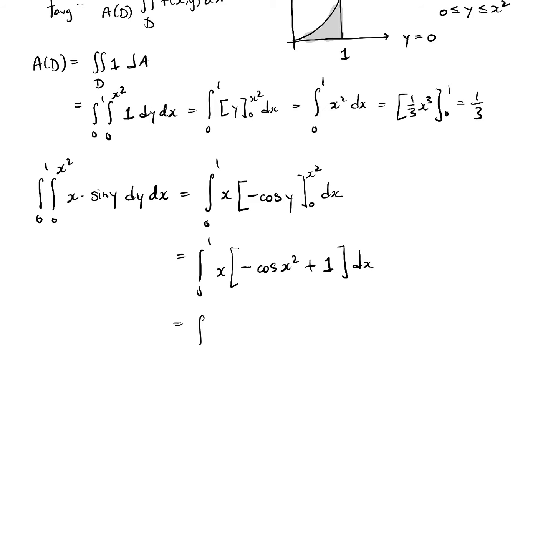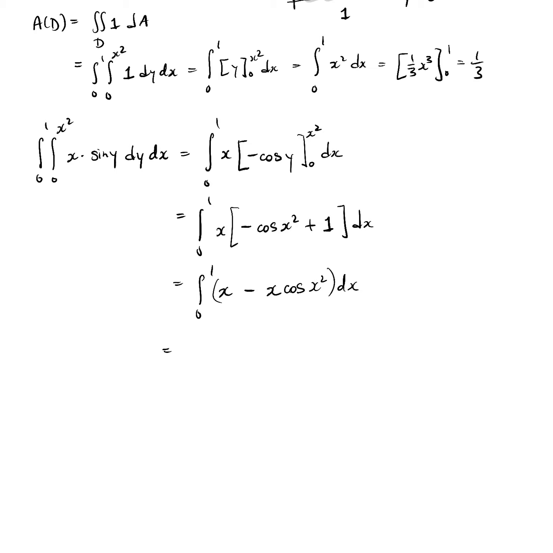If we rewrite this, the integral from 0 to 1 of x minus x times cos of x squared dx, which will split into two integrals. So the integral from 0 to 1 of x dx minus the integral from 0 to 1 of x times cos of x squared dx.